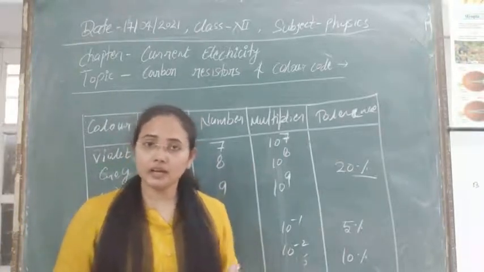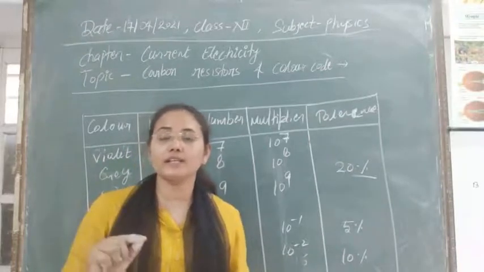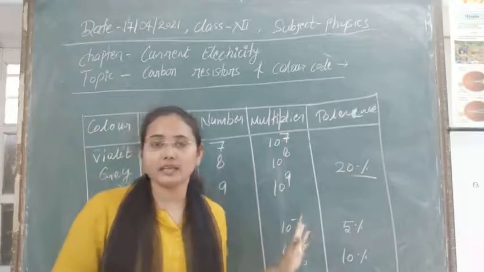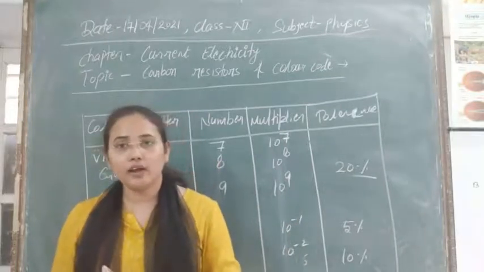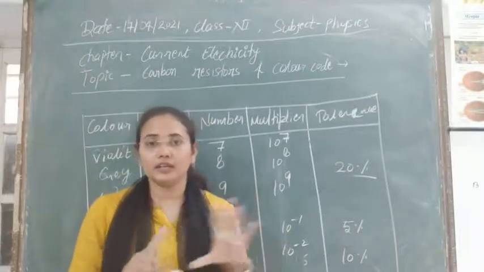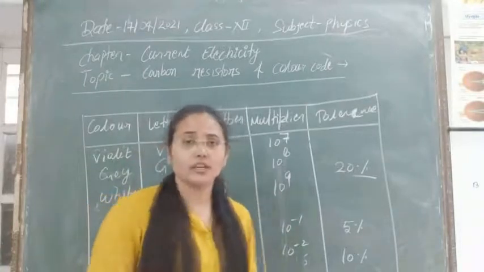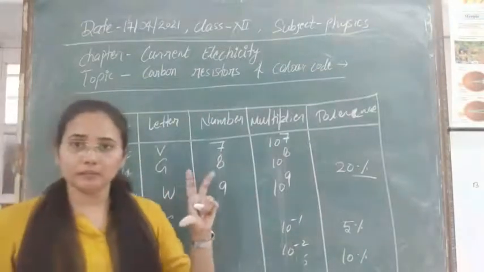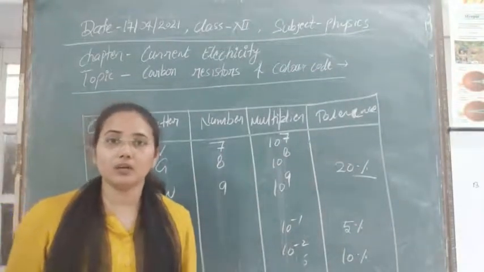Every color indicates a certain, fixed code. So you always have to remember the whole chart that I have just written here if you have to find the resistor value with the help of the color coding. So let's see how you can find the resistance value by using the color code.